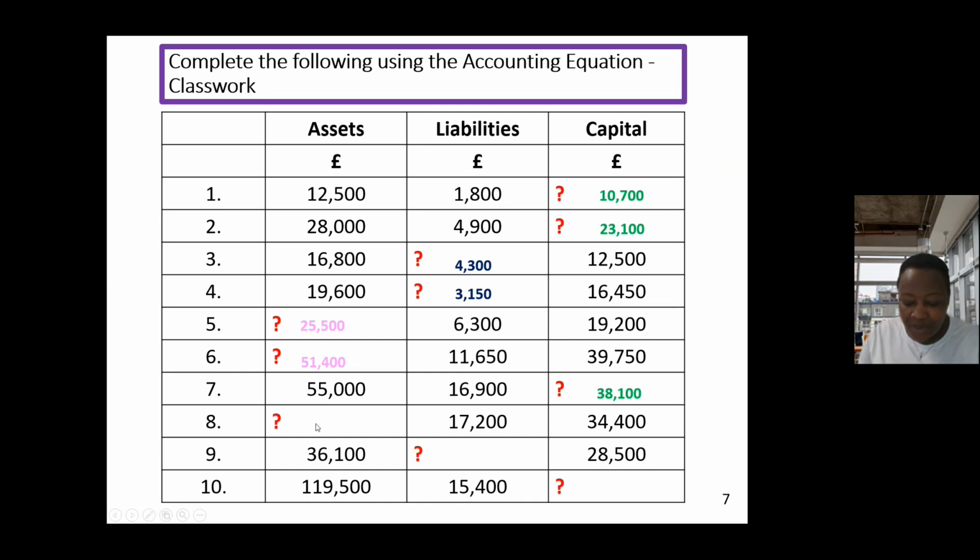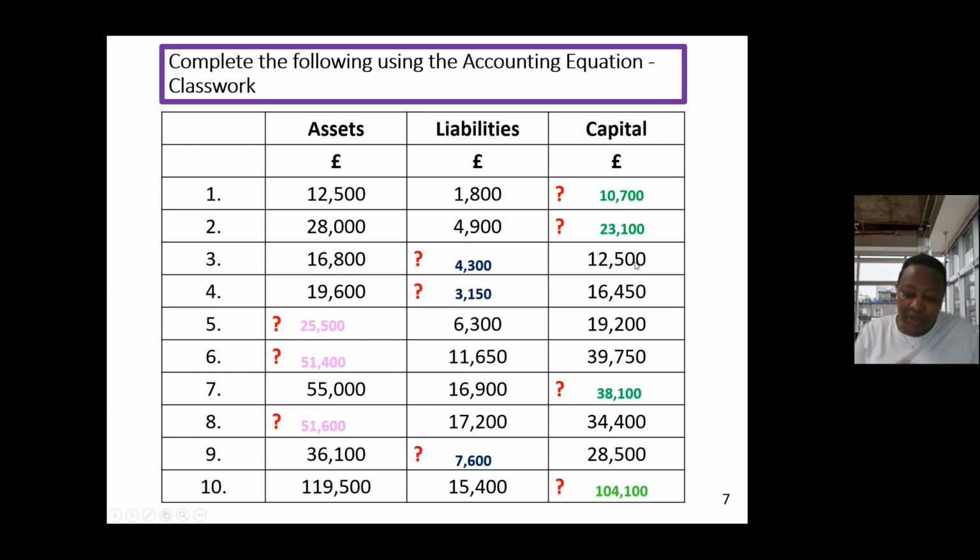Question 8, you would have 51,600. And how did we get that? You add 17,200 and 34,400. And for question 9, we're looking for liabilities. That will be assets minus capital, and that should give you 7,600. And finally, capital here would be assets minus liabilities, and that should give you 104,000.